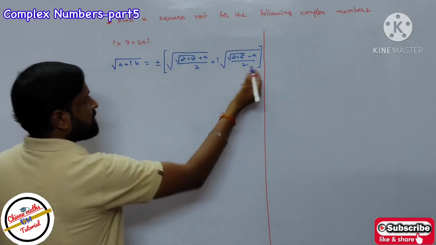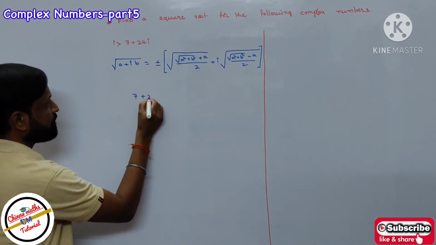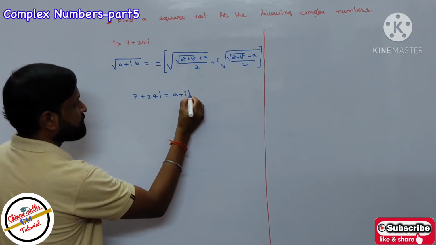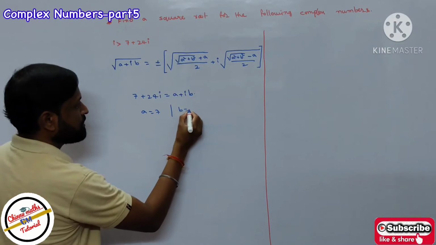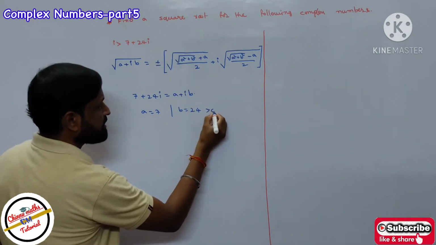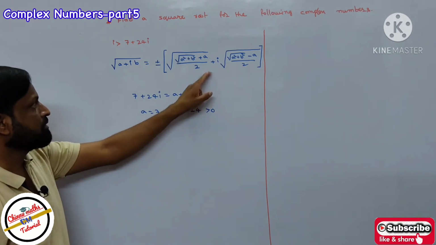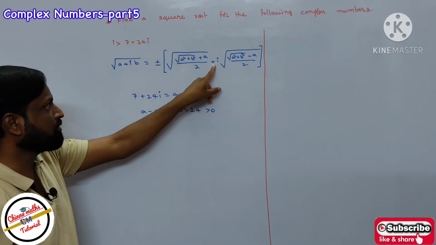Here the given complex number 7 plus 24i is equivalent to a plus ib. So a equals 7, b equals 24. B is greater than 0. Suppose b is greater than 0, take this principle, you have to write plus. Suppose b is less than 0, you have to write minus.